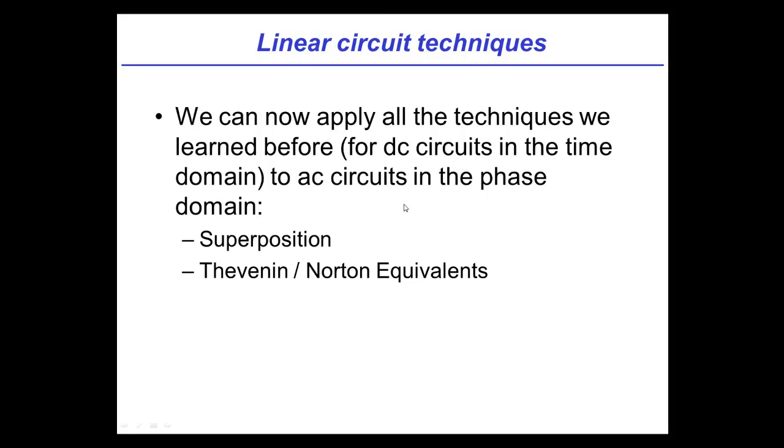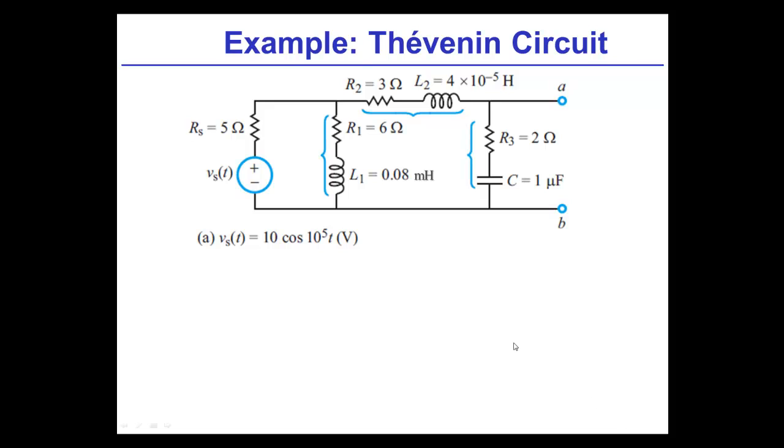As an example, we'll find the Thevenin equivalent for a circuit. In the phasor domain we'll have a Thevenin source and a Thevenin impedance, with a resistance and a reactance, and we'll give the final answer in the time domain.